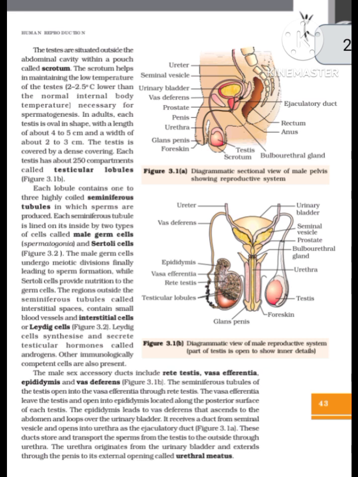The epididymis leads to vas deferens that ascends to the abdomen and loops over the urinary bladder. It receives a duct from seminal vesicle and opens into urethra as the ejaculatory duct, figure 3.1a. These ducts store and transport the sperms from the testis to the outside through urethra. The urethra originates from the urinary bladder and extends through the penis to its external opening called urethral meatus.